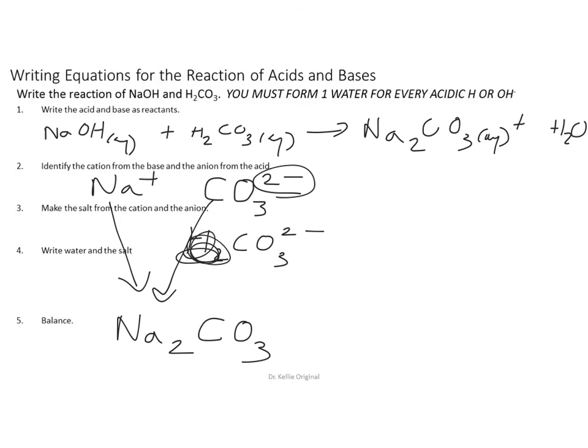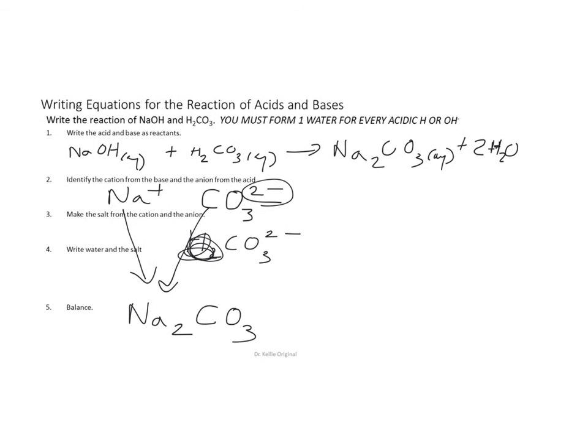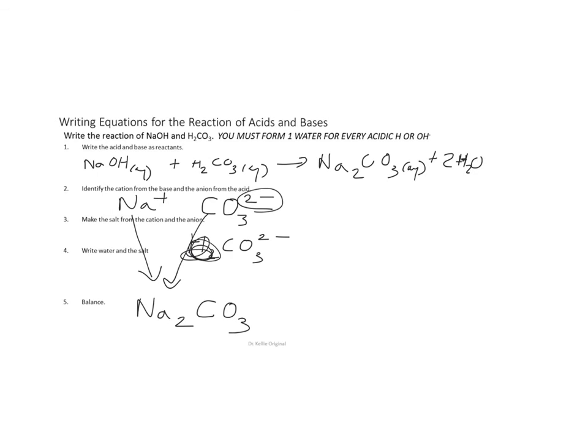I have 2 hydrogens I'm removing, so I'm forming 2 waters. And my water is, of course, in the liquid phase. Then I have 2 sodiums in my equation, so I need to balance by placing a 2 in front of my hydroxide. That also gives me 2 hydroxides to react with my 2 hydrogens, and everything's balanced.